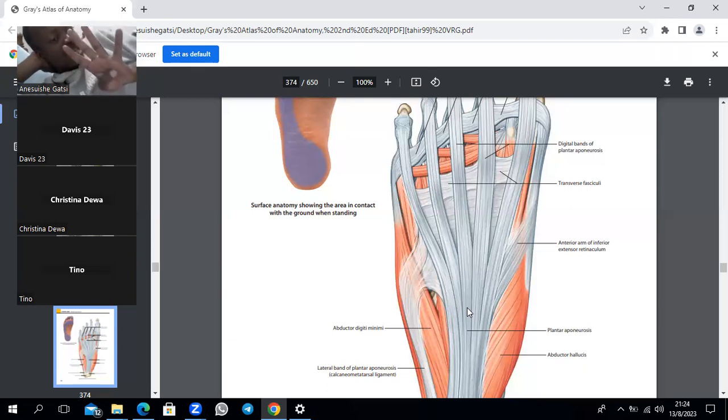It doesn't go to the thumb. But in the foot, the plantar aponeurosis goes to all 5 toes. Shape is the same, they're both triangular. Right? What forms them? They're thickenings of deep fascia. Right?